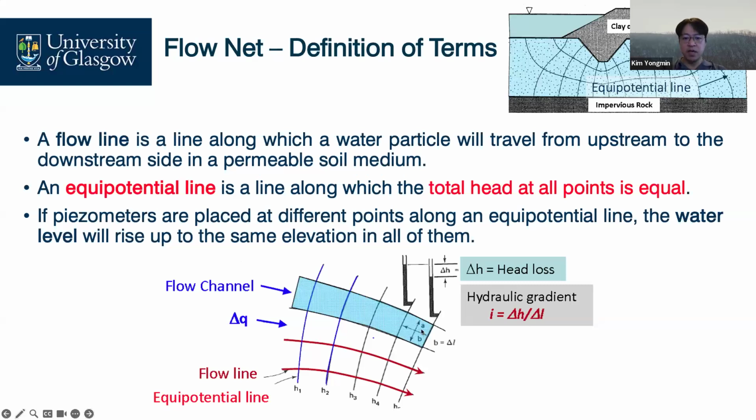From these differences, we can obtain the hydraulic gradient, which is delta H divided by the travel length from here to here, probably delta B. In the flow net, we can find I, the hydraulic gradient, which is the head difference divided by the flow distance, the flow net size, the unit element size.